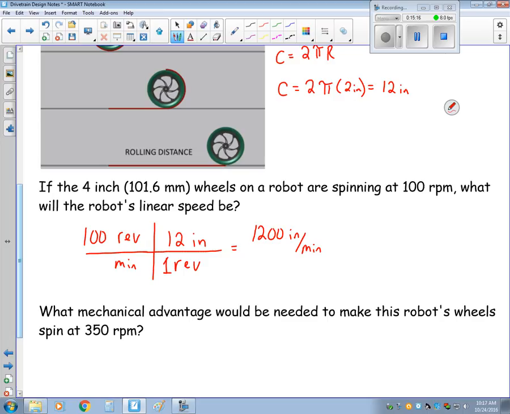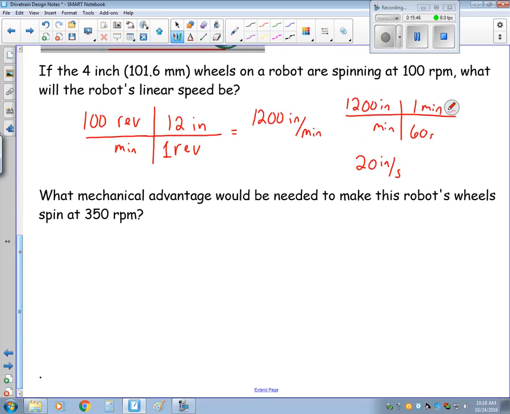We can change that to inches per second, and if I did that, there are 60 seconds in a minute, so that'd be 1,200 divided by 60, or 120 divided by 6, so that's 20 inches per second.